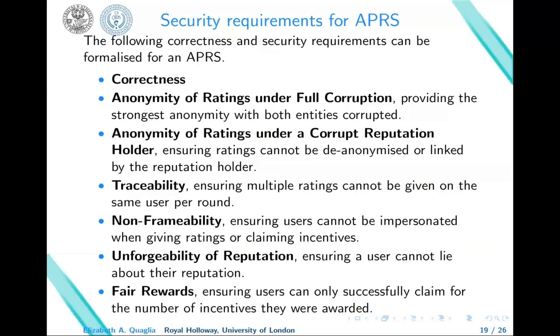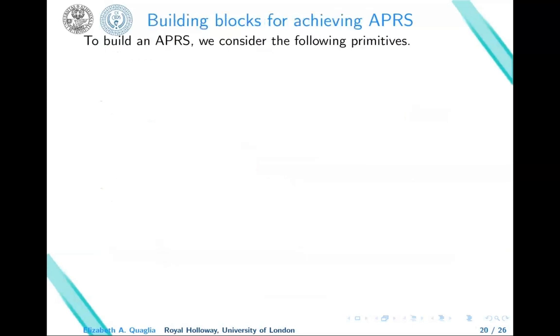Can we possibly achieve all of this? And the answer is yes. We built such a scheme. And to achieve this, we simply need three basic ingredients, three building blocks.